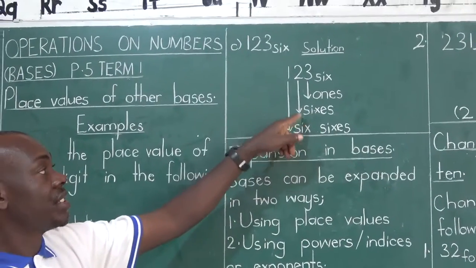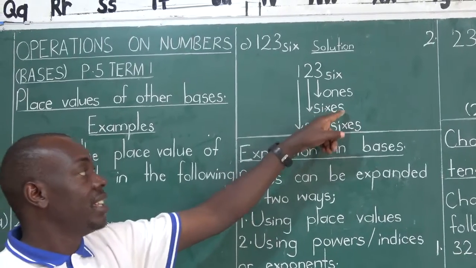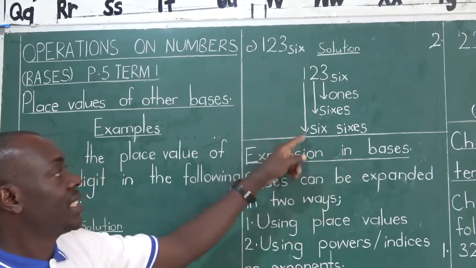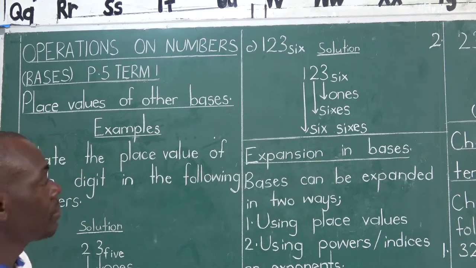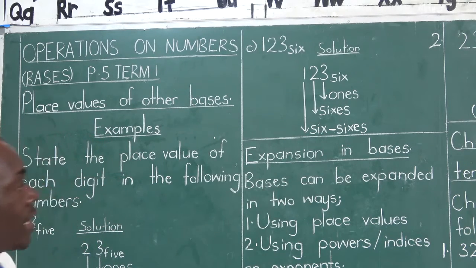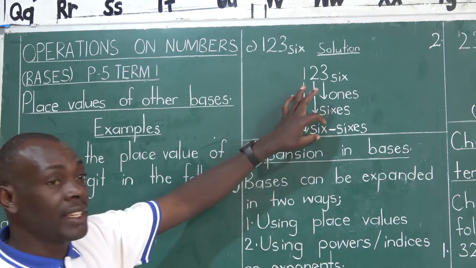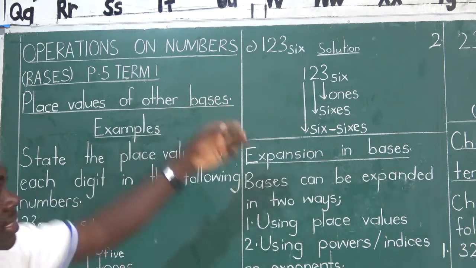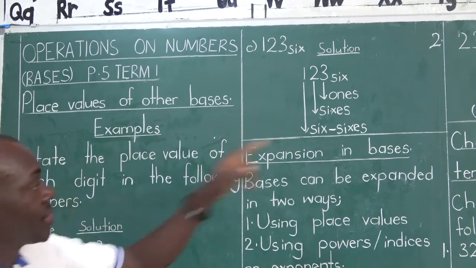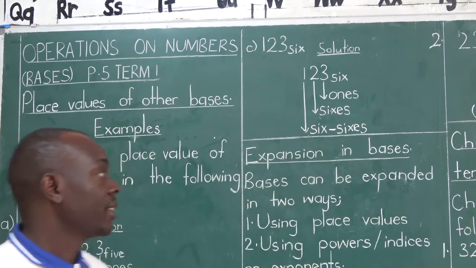The spelling of 6s is S-I-X-E-S, like you see. Then 6 6s. Sometimes people put a hyphen here. There's no problem with the hyphen put in between there. A hyphen is like a minus that connects two or more words to make one word, so that is 6 6s.